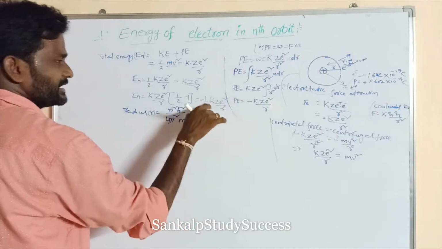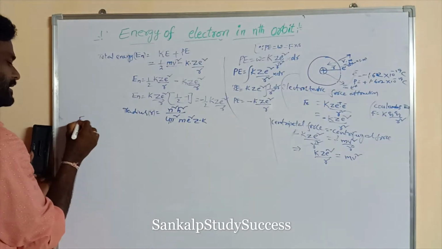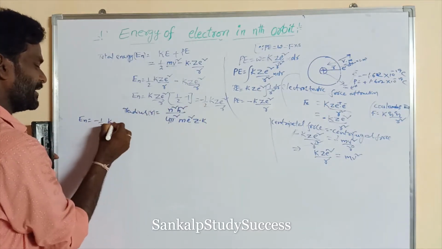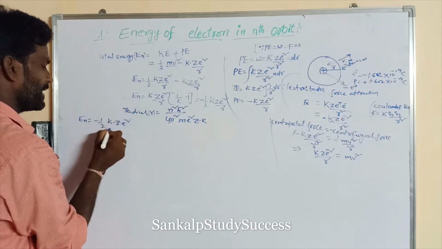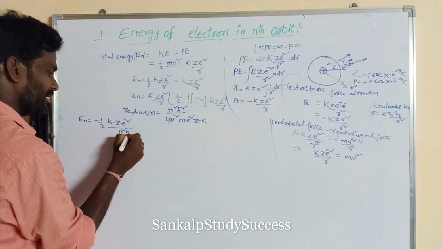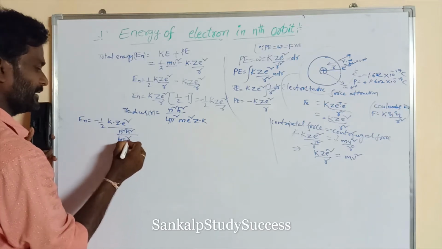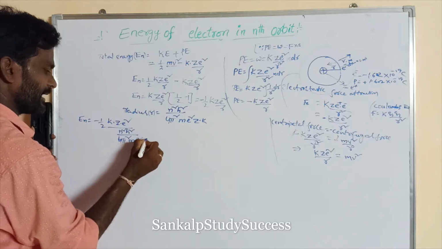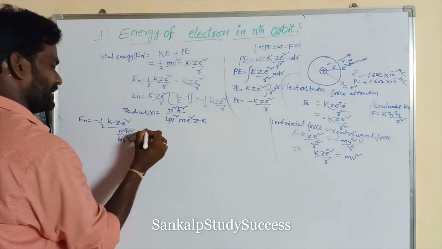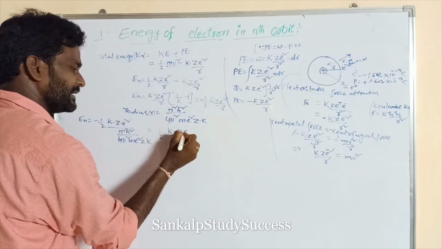En is equal to minus 1 by 2 k into z e square by r, where r is n square h square by 4 pi square m e square z k.